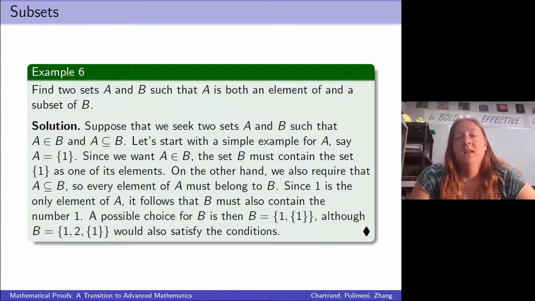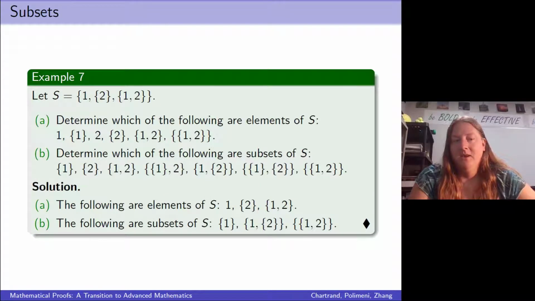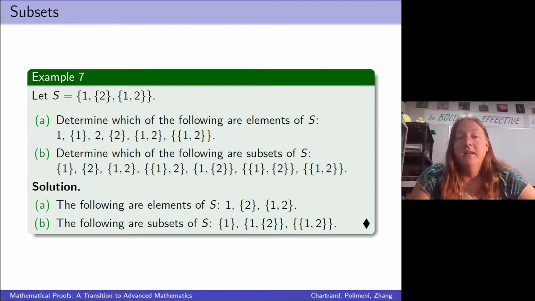Here's an example that I am going to leave for you to look at in the slides on your own. We are going to take a look at this one though. Example 7: we've got S, a set that contains 1, the set that contains 2, and the set that contains 1 and 2.